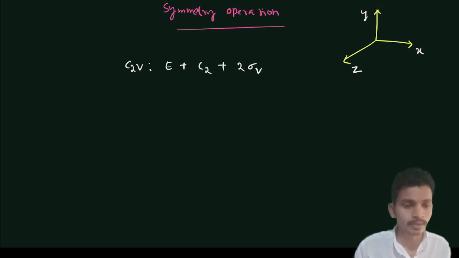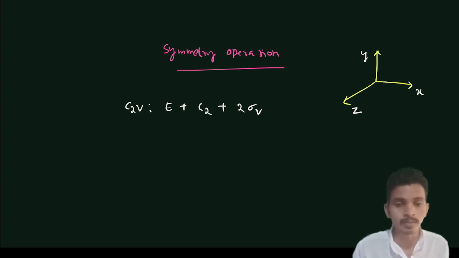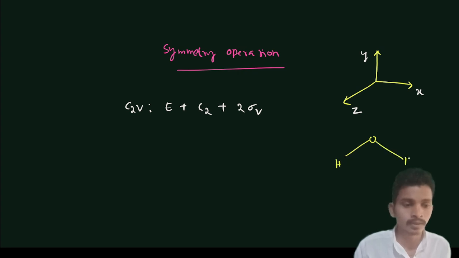So let's say this is water, H1 and H2. Then I have to do the C2 axis, but in which direction? So this is the y-axis, this is the x-axis, this is the z-axis.